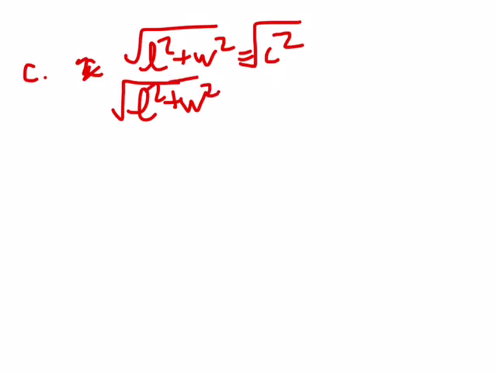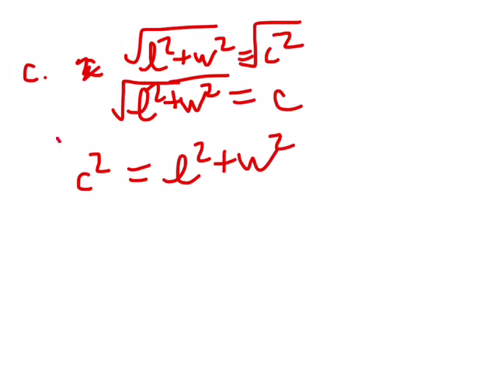I showed something on my answer key that works fine. It's a little longer, I think, because you have to do the derivative of square root. You got to change it to a half power. So what I'm going to do, I think we did this a little bit in class, is just leave it as C squared equals L squared plus W squared, and do d dt to all of these.